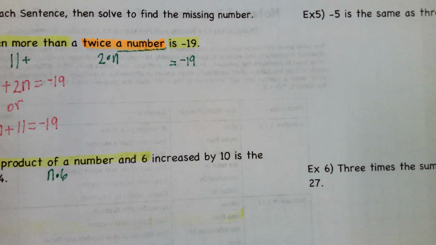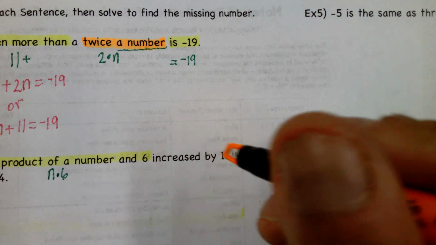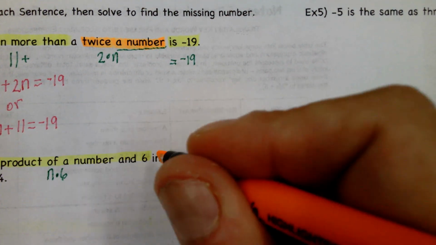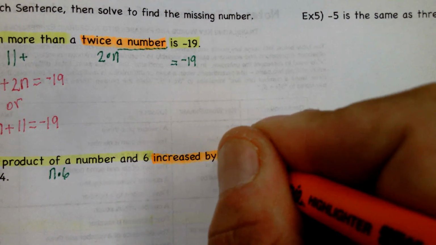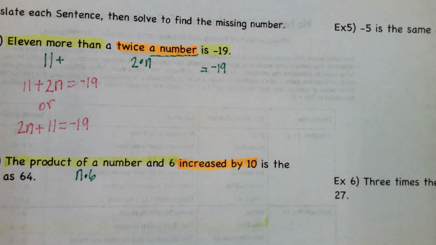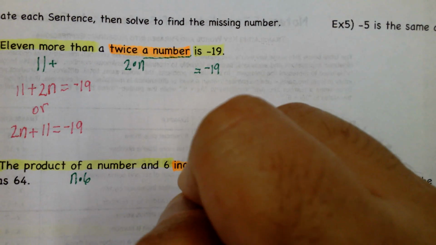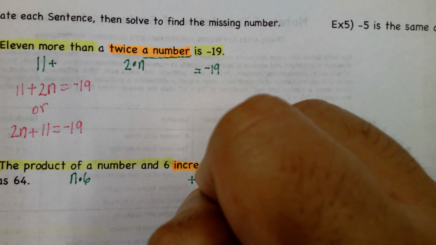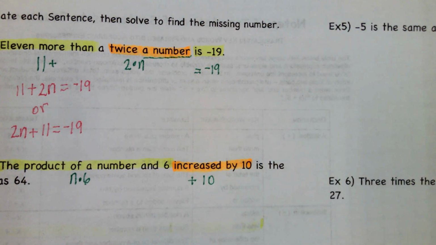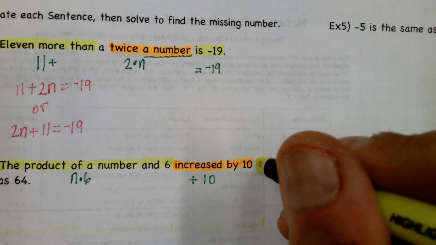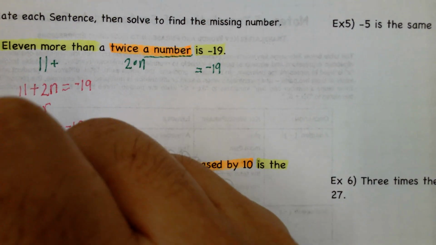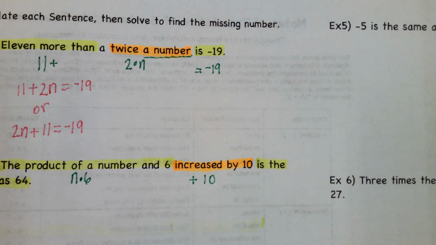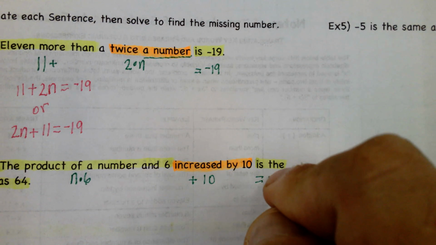Then we have increase by 10. That's telling us to add 10. And finally, is the same as 64. That's another way of saying equals 64.